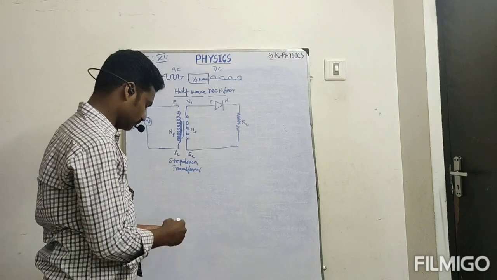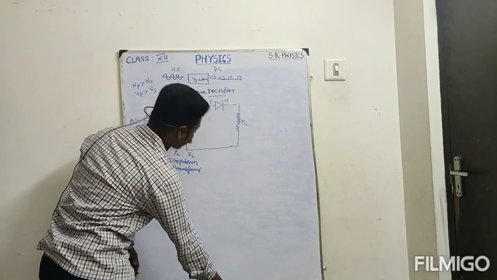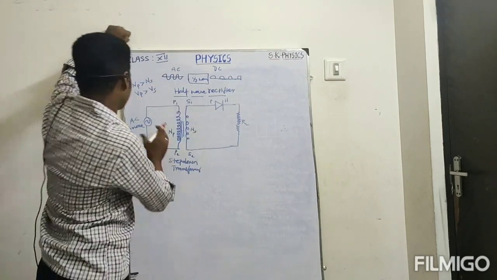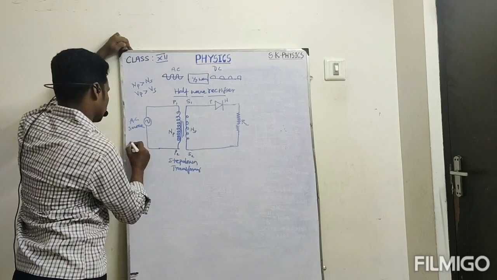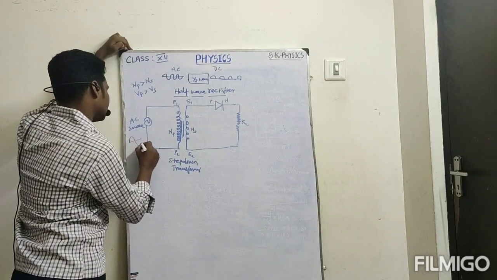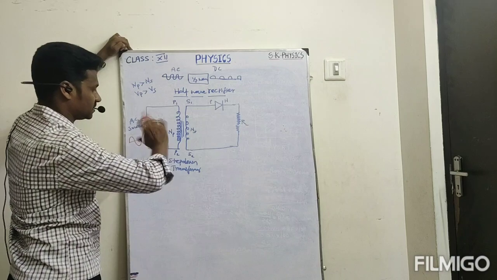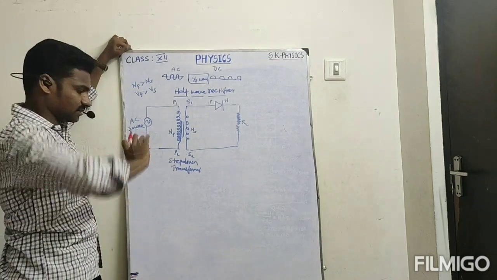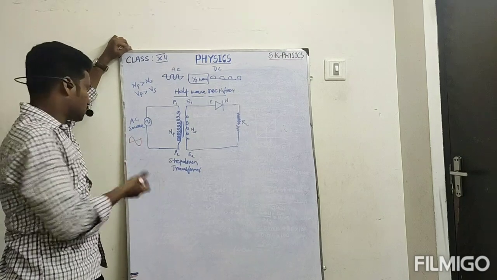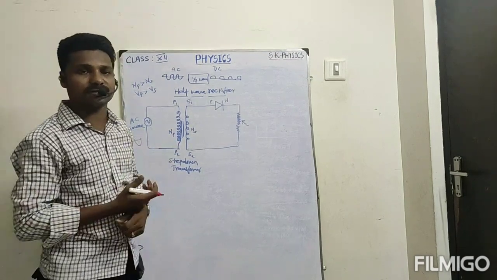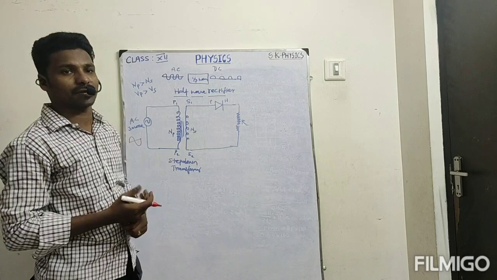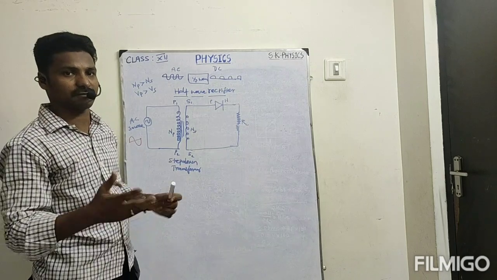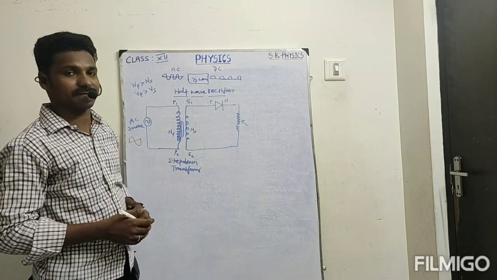See students, now we know that in the AC source, every second it will change its cycle, positive, negative, positive, because you know the AC frequency is 50 hertz in our country.